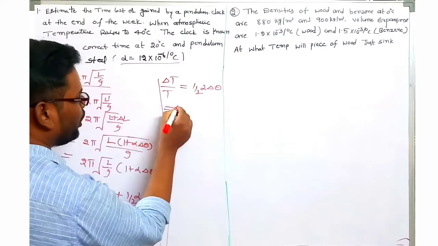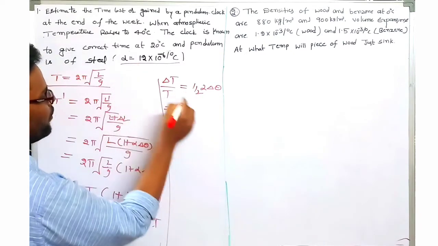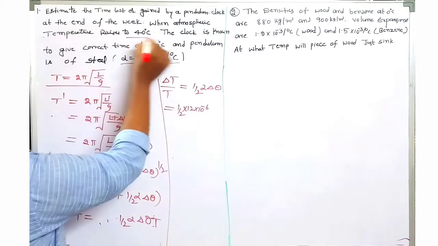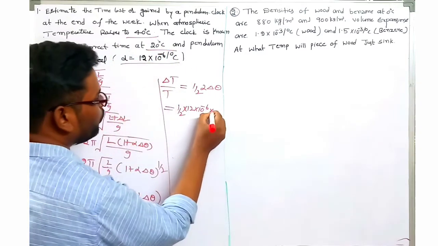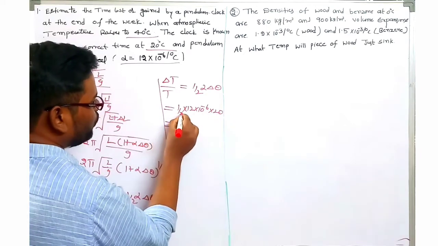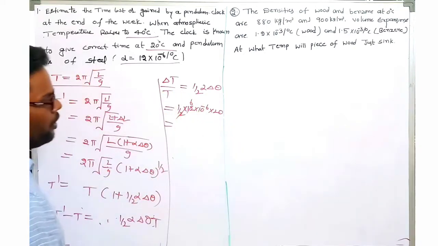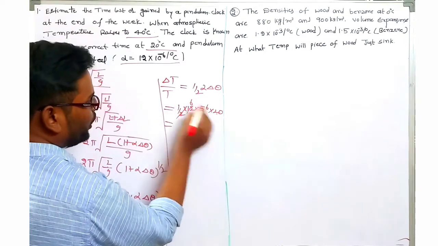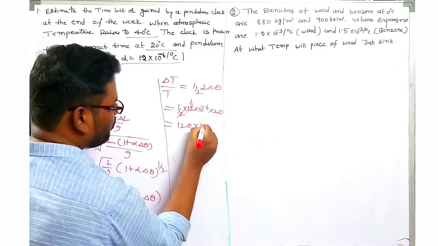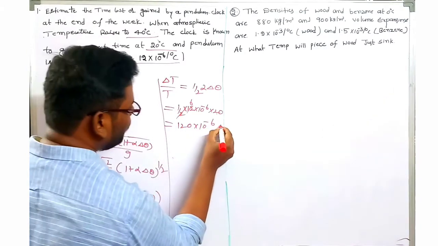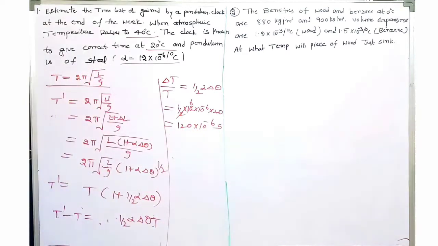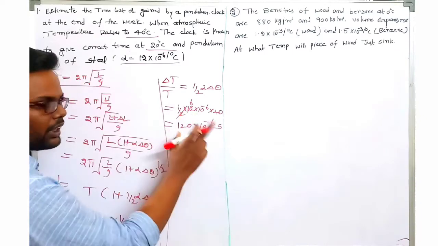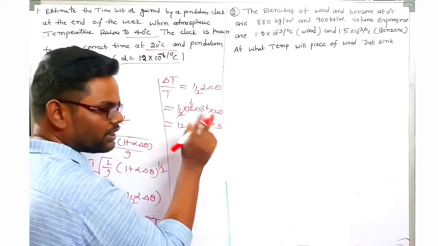Here alpha, in the question itself, is given as 12 into 10 to the power of minus 6, and delta theta means 40 degrees minus 20 degrees, that is 20. So half of 12 is 6, and 6 into 20 is 120 into 10 to the power of minus 6 seconds. This is per 1 second, the time lost by the pendulum clock per second, right?